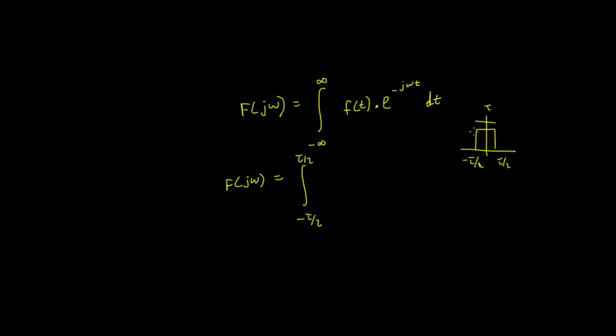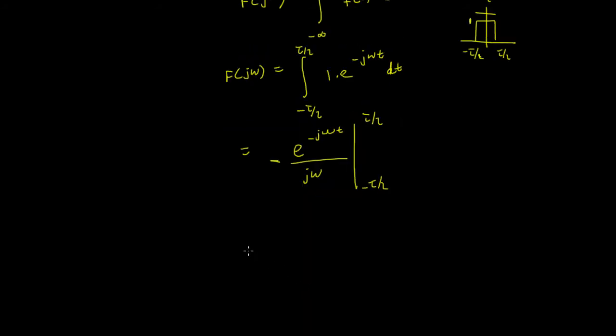Now f of t is just going to be a height of 1, so it's just 1 times e to the minus j omega t dt. So when you integrate that, it will remain e to the minus j omega t over j omega, and the minus sign would come out there, so it would be minus that, integrated from tau by 2 to minus tau by 2.